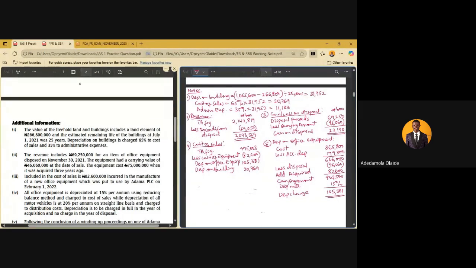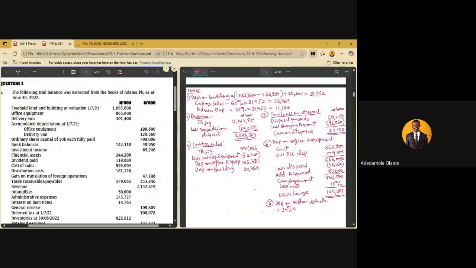Then, having done that, we are told that depreciation on motor vehicle is charged at 20% per annum on a straight line basis. So we can come here and say note 6, depreciation on motor vehicle. And that will be 20% of, if it's straight line, we are charging on cost.